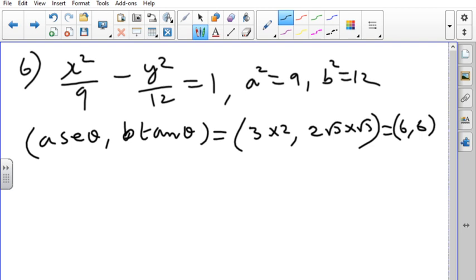The given hyperbola is 12 x square minus 9 y square is equal to 108.